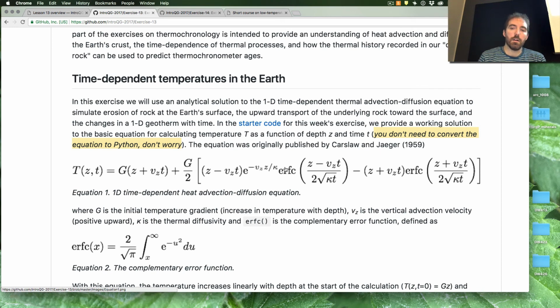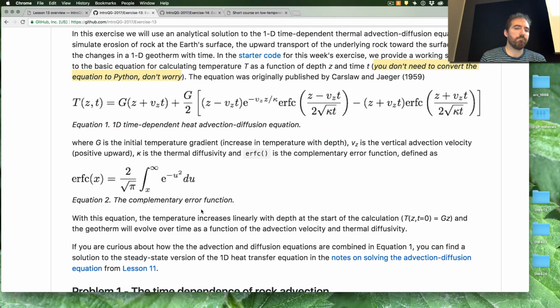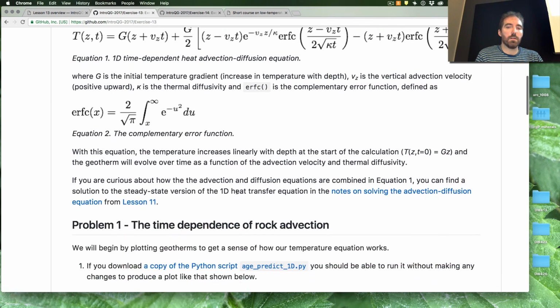And then there's this complementary error function thing here, which we've not seen, and probably you've not seen maybe ever. But its definition is down here. It's not that important. There's a Python function that does calculate the complementary error function for you, so you also don't need to worry about doing anything with that. But I just showed it here so that you know what it looks like.